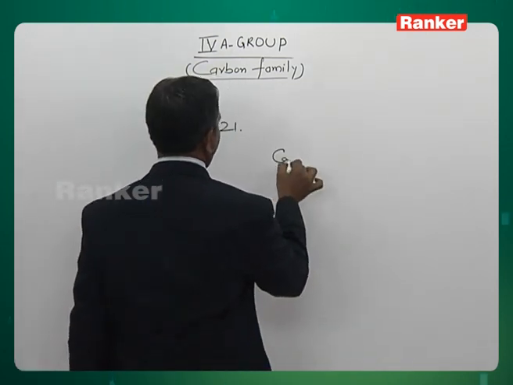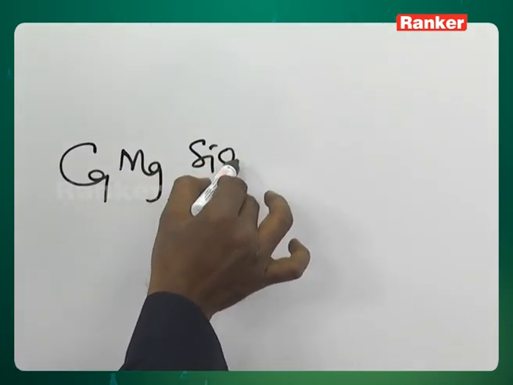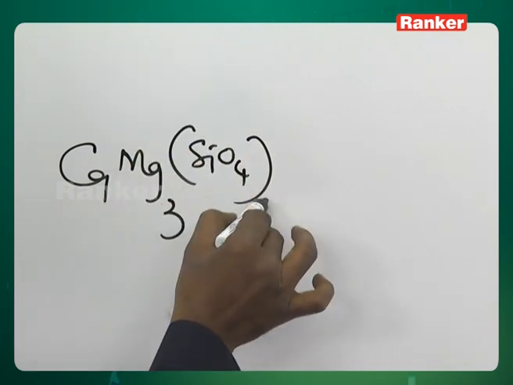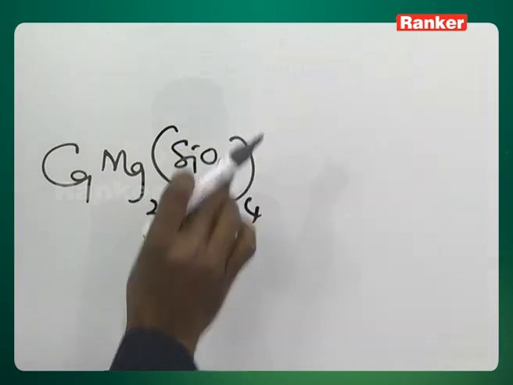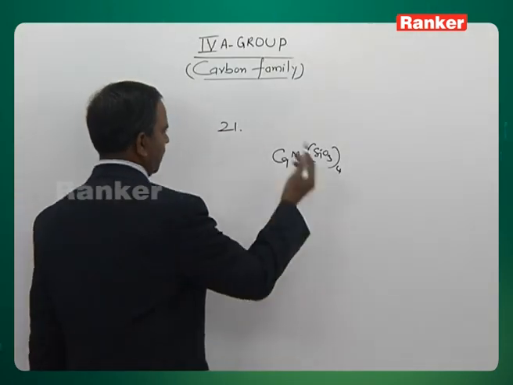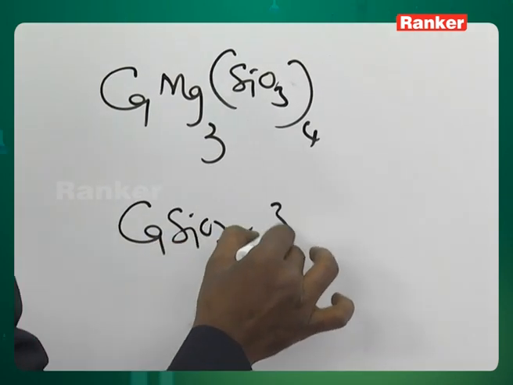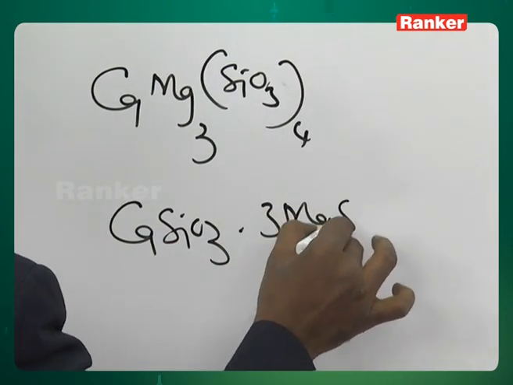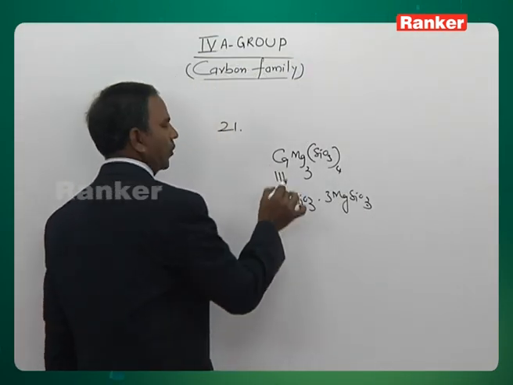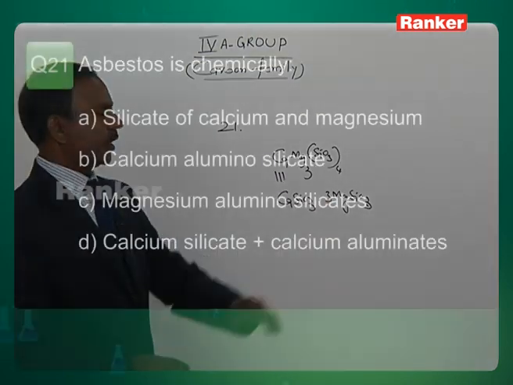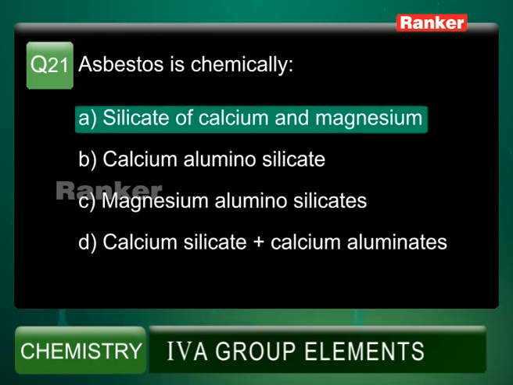CaMg3(SiO3)4. You can also write it as CaSiO3.3MgSiO3. Either way you can write, both are one and the same. The actual silicate of calcium and magnesium. So question number 21, answer is A.